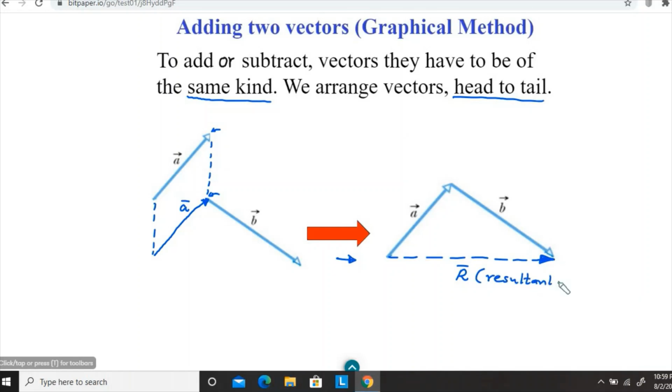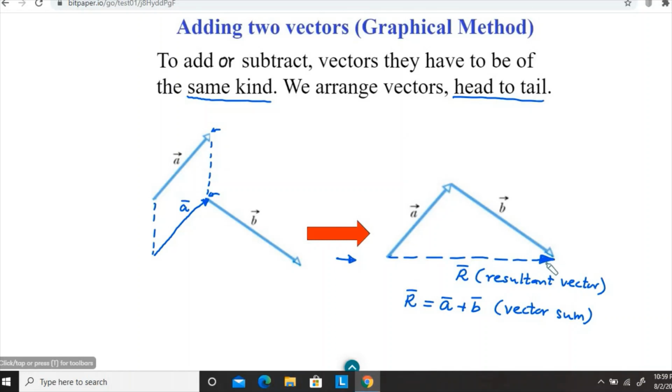R is equal to vector A plus vector B, and this is the vector sum of the two vectors. So that's how we get the resultant vector.